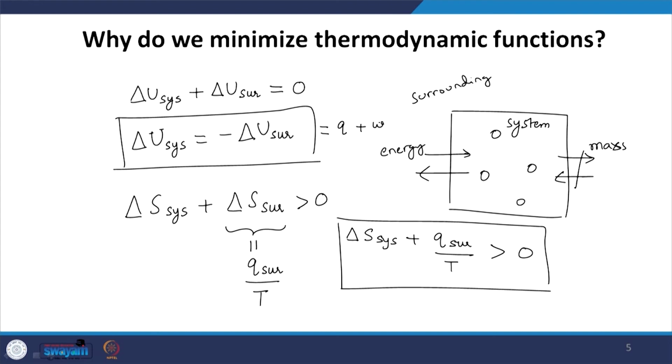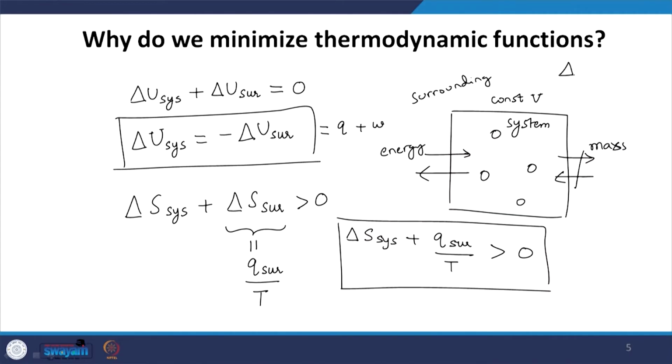Now, we can assume that the system has a constant volume, let us say if it is a closed container. In that case there is no work being done, because work we have defined as pressure multiplied by volume change. So, if I assume constant volume, then delta U of surrounding is equal to Q of surrounding, because W is 0.